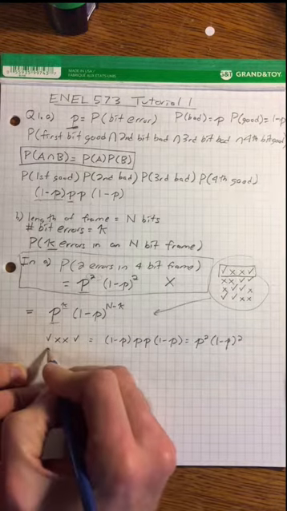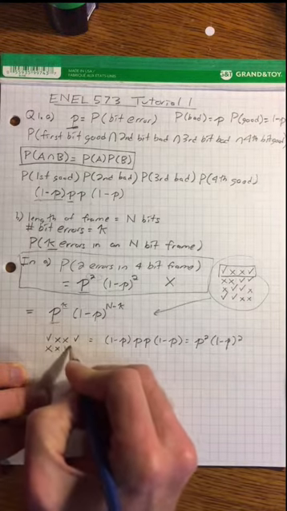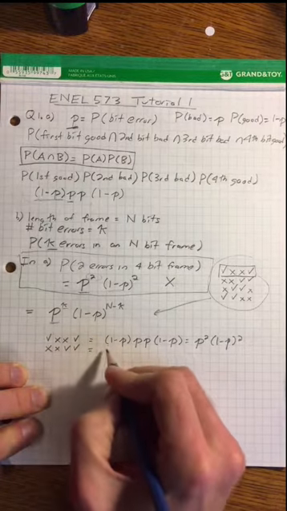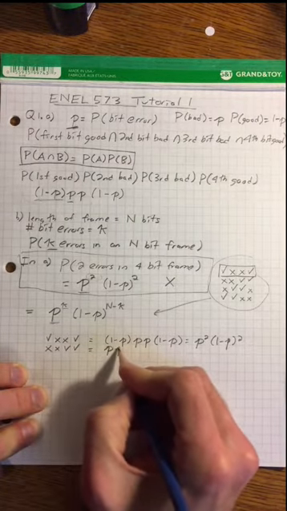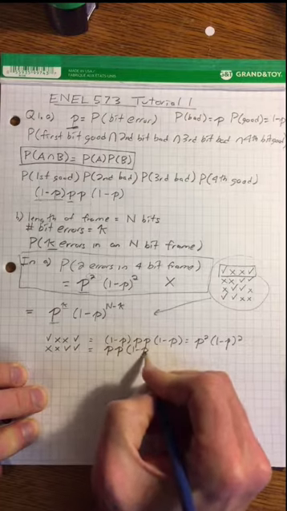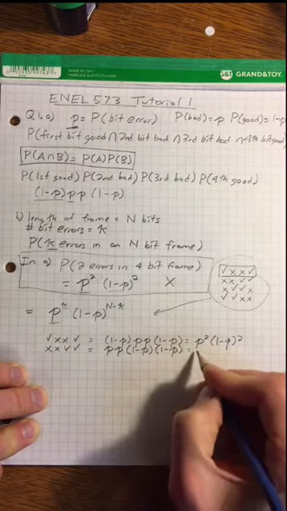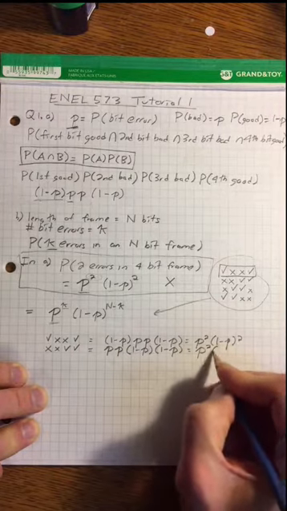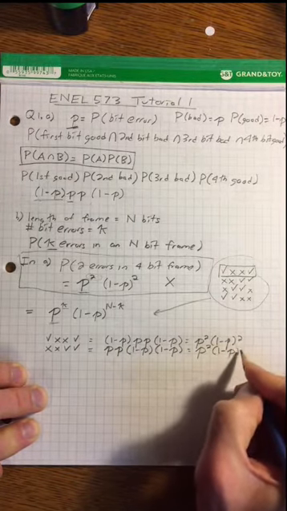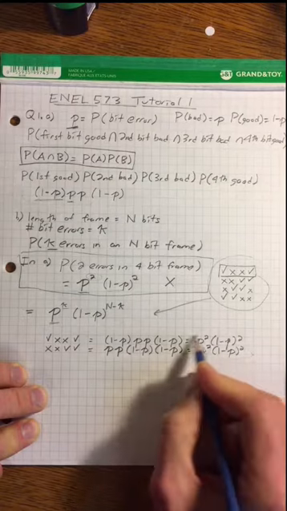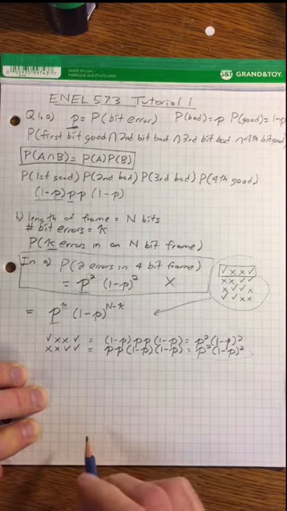The probability of having 2 bad bits and 2 good bits is equal to p times 1 minus p times 1 minus p, which is equal to p squared times 1 minus p squared, right? So these two terms are the same, even though the order of the bits is different.